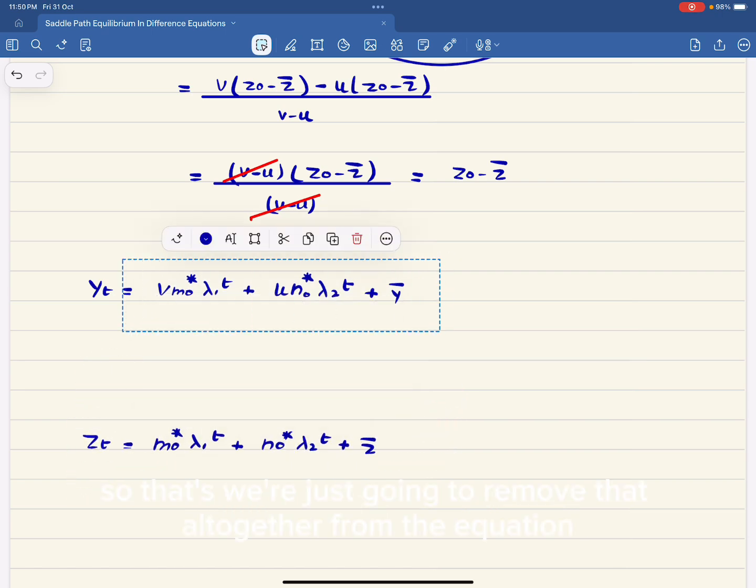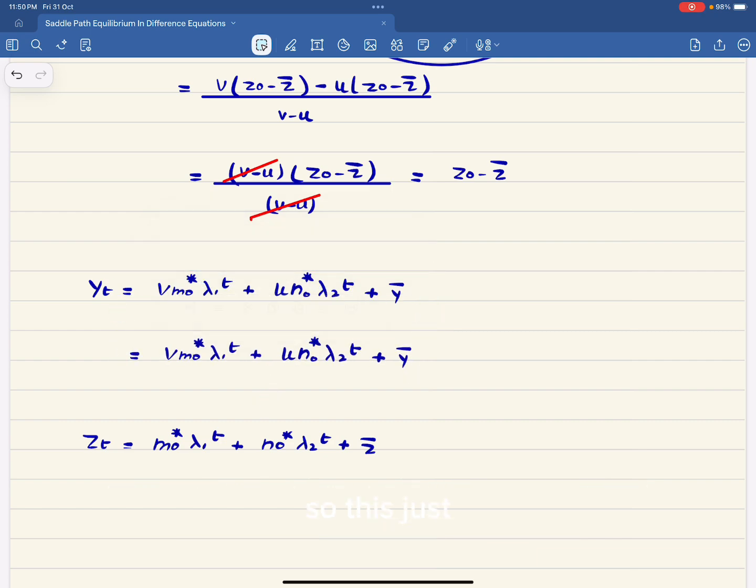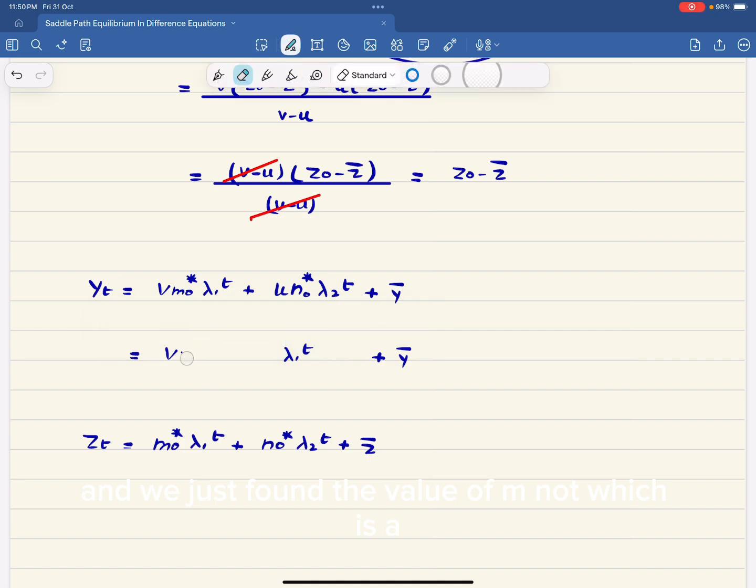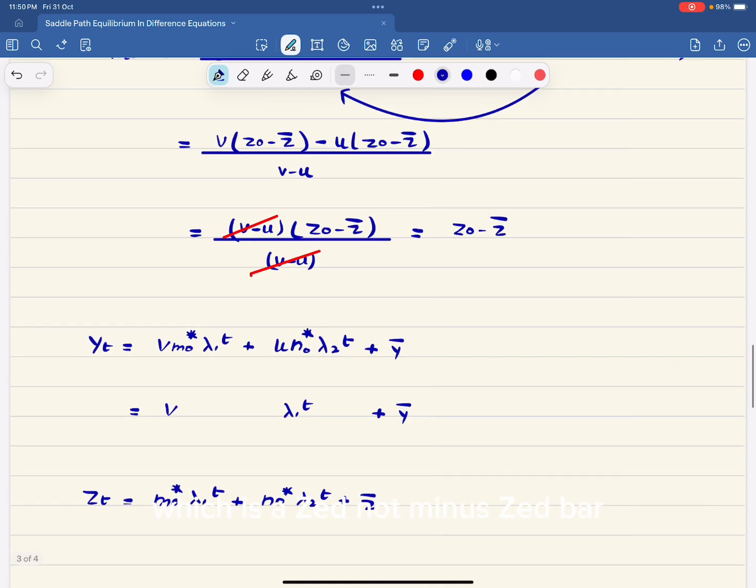So we're just going to remove that altogether from the equation. So this disappears, right? We don't need it anymore. And we just found the value of m naught, which is a z naught minus z bar.